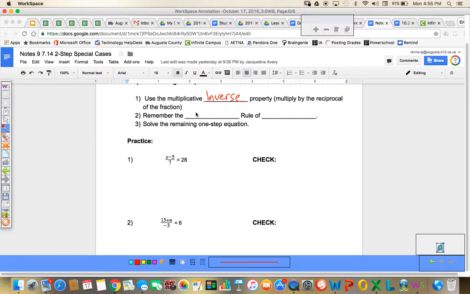Remember the blank rule of blank. That would be the golden rule of algebra: what you do to one side, you must do to the other. Then solve the remaining one-step equation.